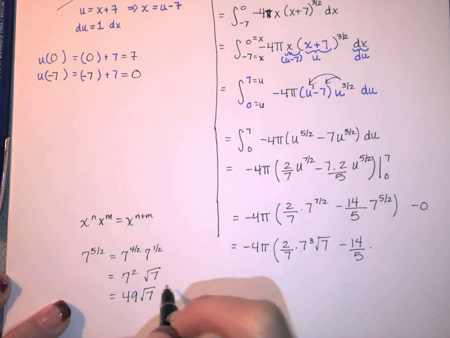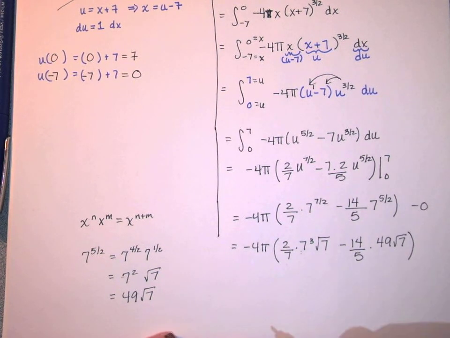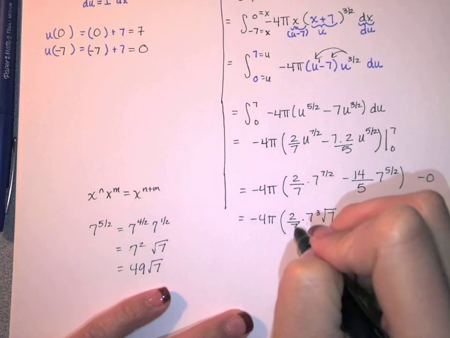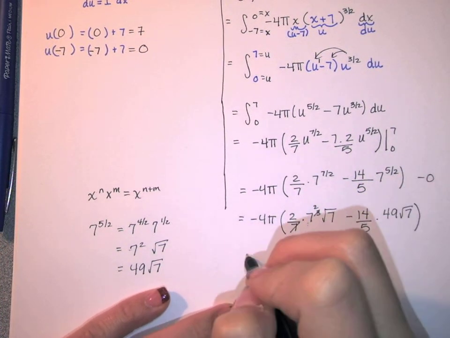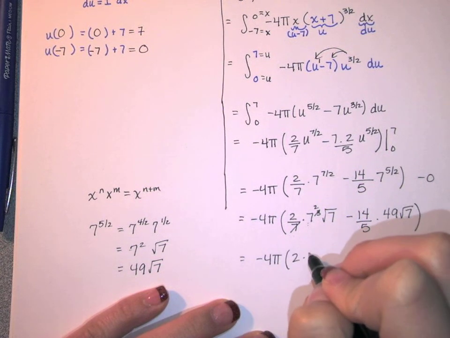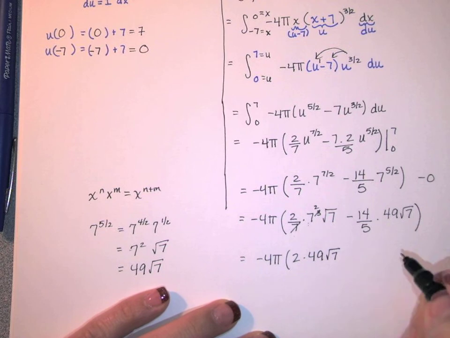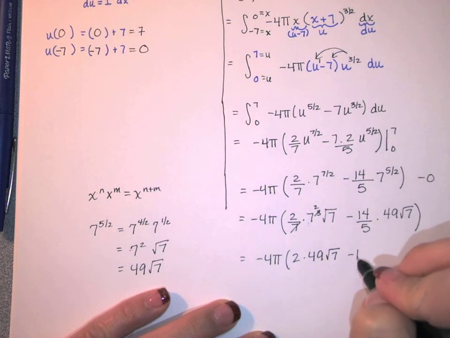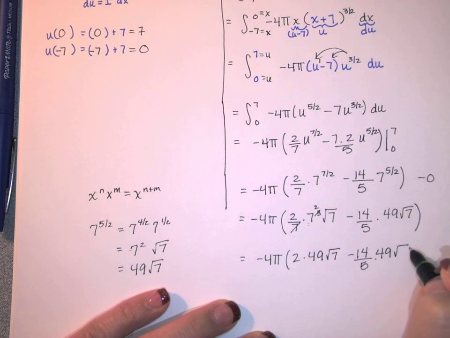And so I end up with a 49 times square root of 7 over here. Okay, so this 7 goes into this one once, so we're going to have a 49 there as well. So we've got negative 4 pi times 2 times 49 times square root of 7. And over here we've got negative 14 over 5 times 49 times square root of 7.